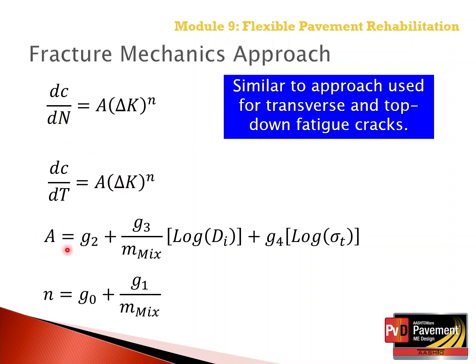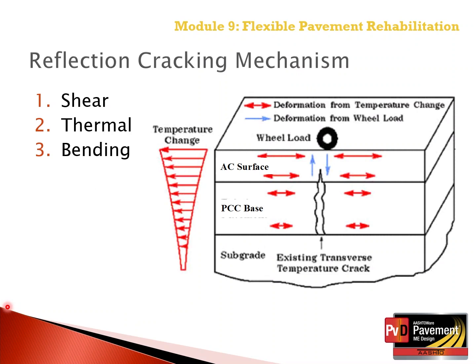The A and the N fracture parameters are illustrated here for completeness, but have already been discussed in Module 8 on asphalt overlays of concrete pavements, as well as the asphalt layers over a chemically stabilized subgrade in Module 6-2.